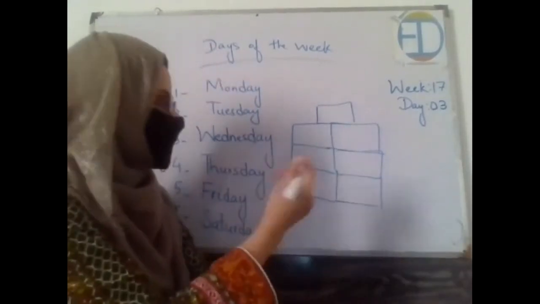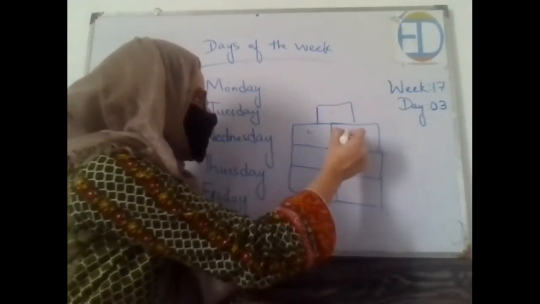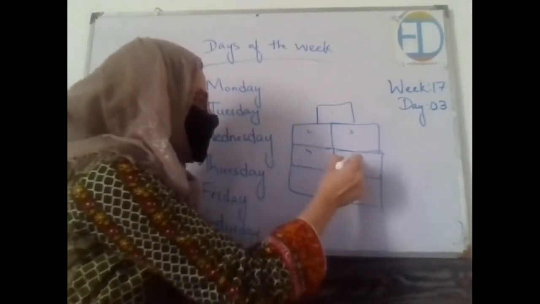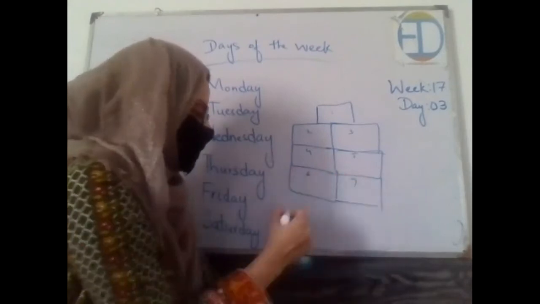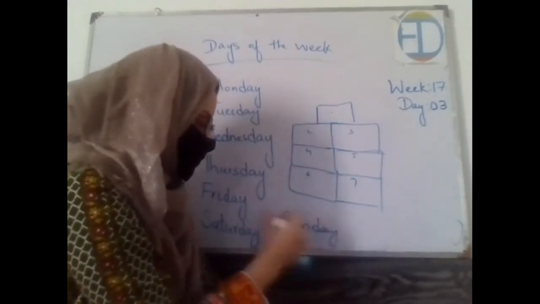Okay, look at this. I have made this shape. Now you will be writing Monday over here, then Tuesday, then Wednesday, Thursday, Friday, Saturday, and Sunday. I'm writing Sunday over here again.